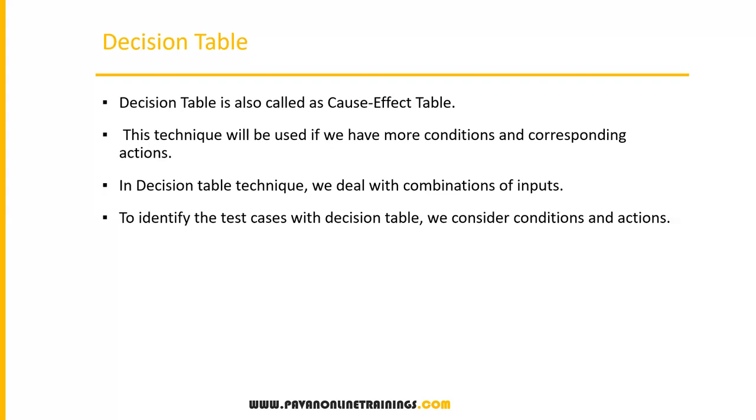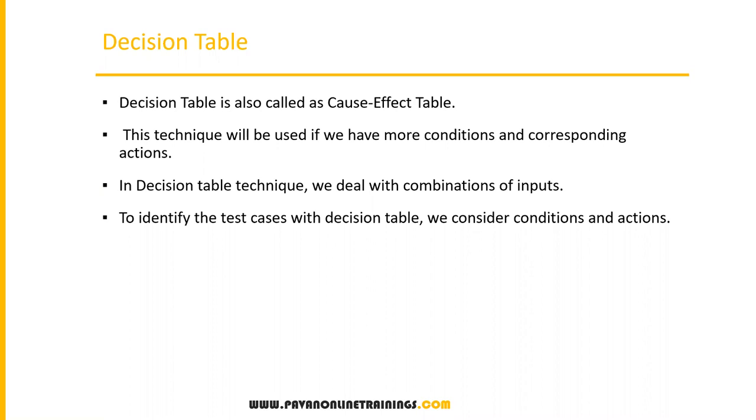If so and so condition is true, then do this action, or if another condition is true, then do another action. Based on the conditions, you have to perform different types of actions. In those cases, you have to prepare a different set of data based on your conditions and actions. We have to cover all the conditions and all the actions, and for that we have to prepare data. In that case, we prefer the decision table technique.